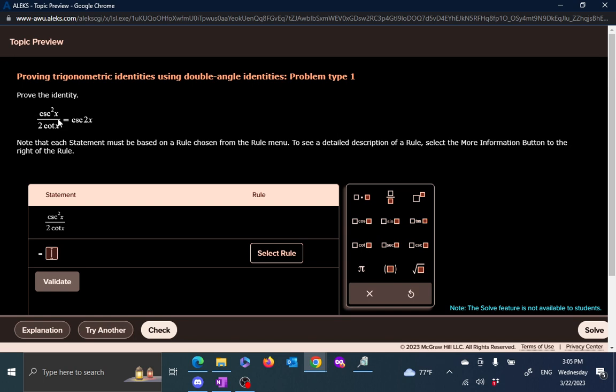Cosecant square over 2 cotangent. We want to prove that that is cosecant of 2x. So what do we know about cosecant? Cosecant is 1 over sine. Let's do this on paper first, but let me write it for myself.